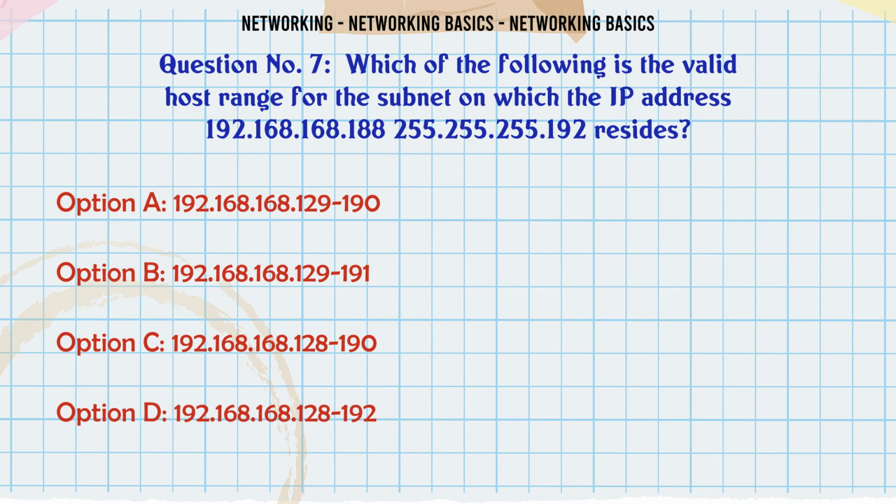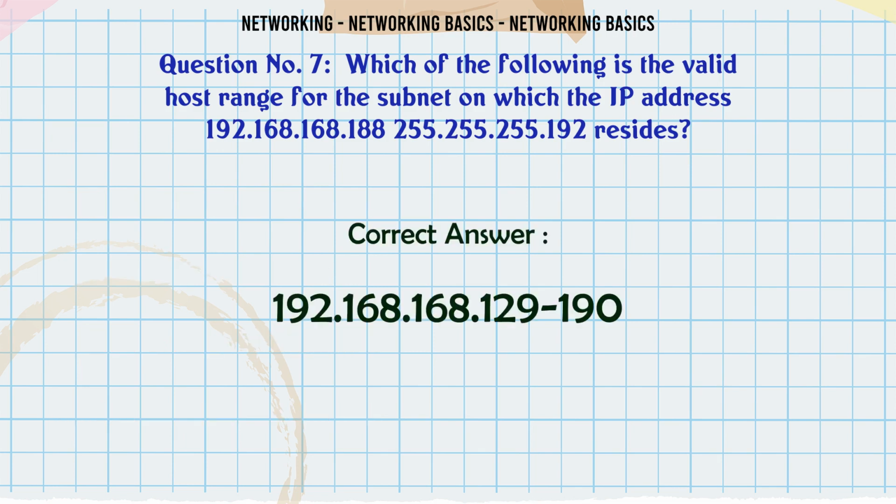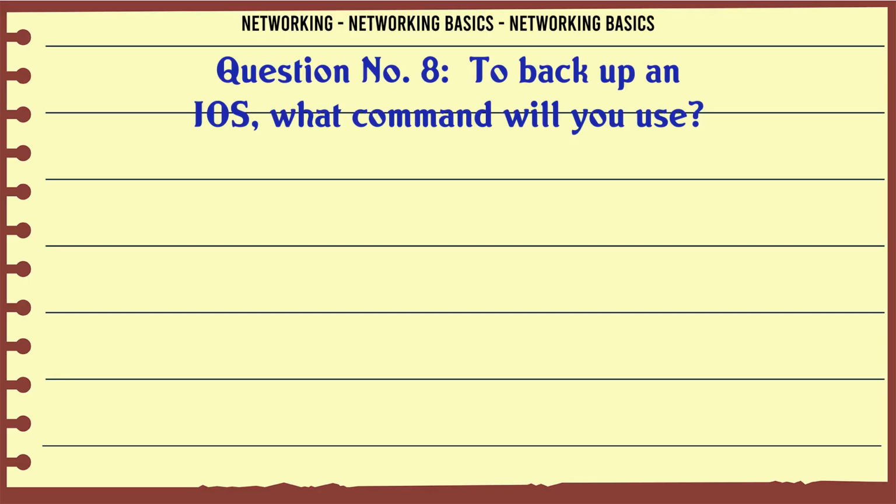A. 192.168.168.129 to 190. B. 192.168.168.129 to 191. C. 192.168.168.128 to 190. D. 192.168.168.128 to 192. The correct answer is 192.168.168.129 to 190.